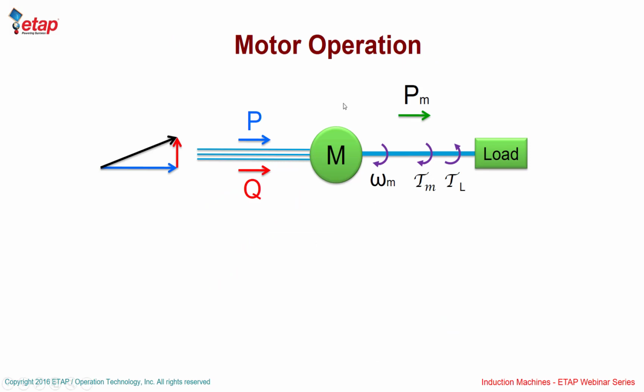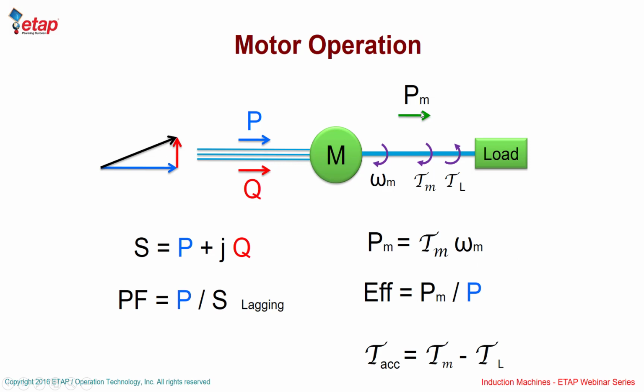Next, we're going to see motor operation, where P and Q are the real and reactive power coming to the stator, and in this portion you have mechanical power being delivered to the load. On the electrical side, apparent power can be in kilowatt, kVA or MVA, and it's real power plus j reactive power. Power factor is real power divided by apparent power, and since P and Q are both flowing in the same direction, this is a lagging operation.